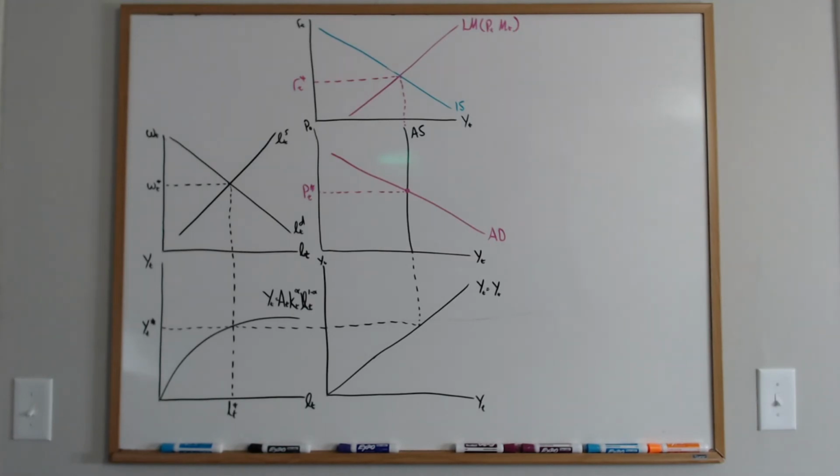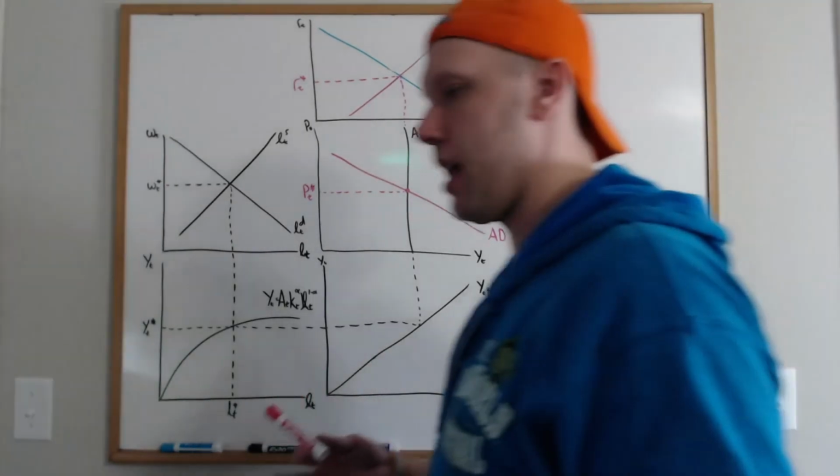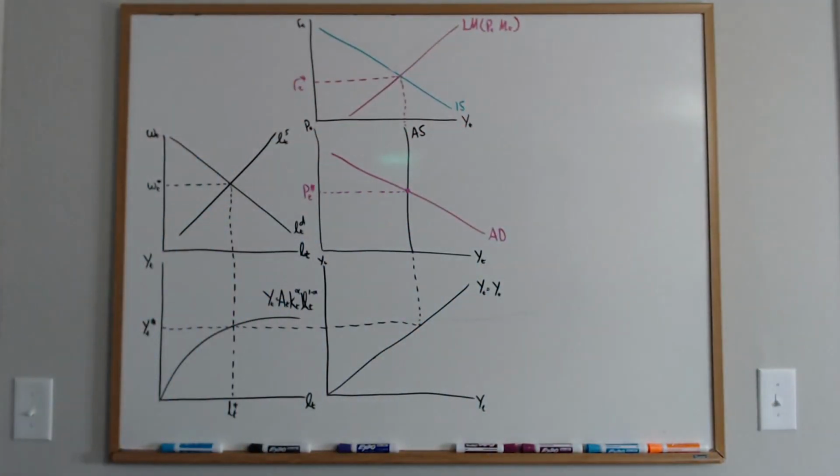Now the equations you saw were dynamic. These equations are static. What do I mean by that? If they're dynamic, they're over time. If they're static, it's just a snapshot in time. But as you will see, we can use this static framework to derive implications in a dynamic setting.